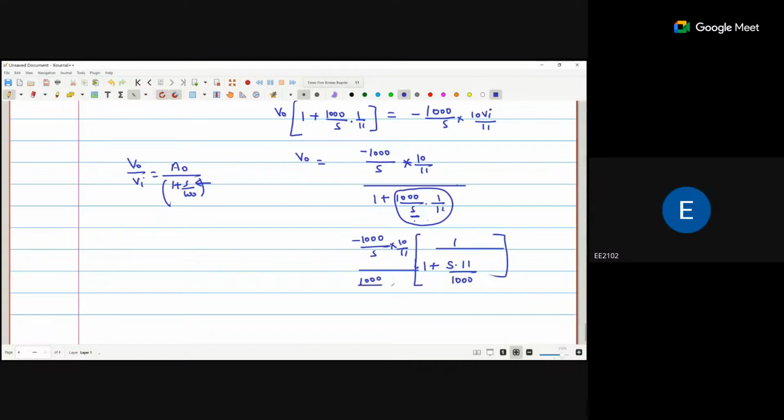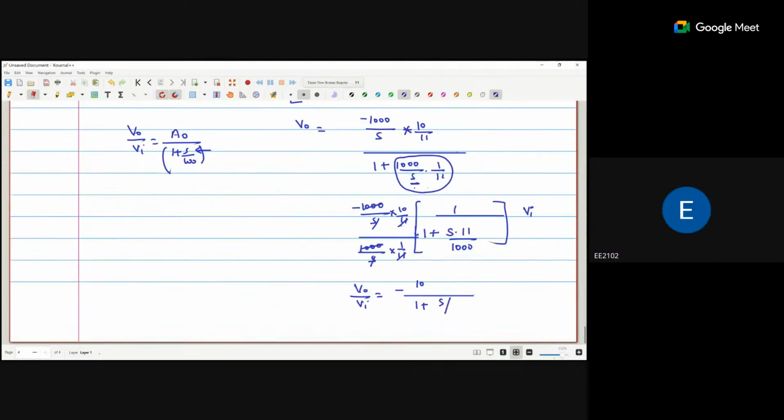So 1000 and 1000 cancel out, S and S cancel out, 11 and 11 cancel out. So V naught upon Vi is minus 10 divided by 1 plus S times 11 by 1000. So only 10 is remaining.